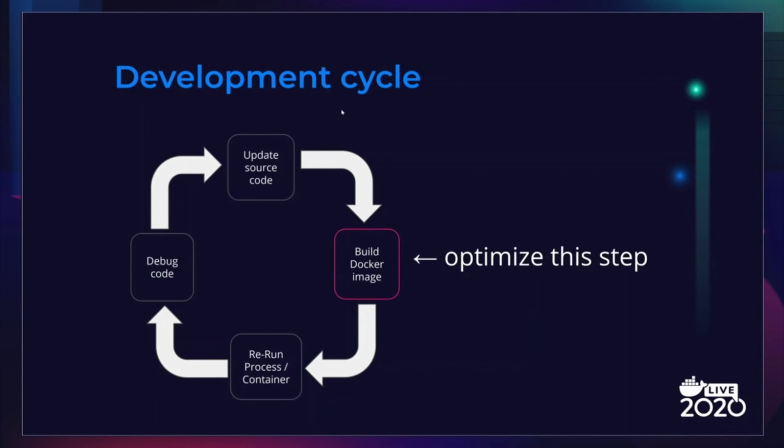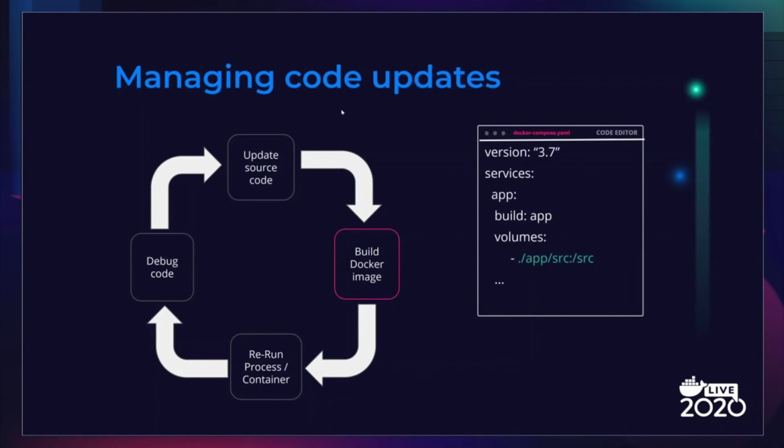Let's see how we can optimize the build phase for Python development, especially since it is interpreted and not compiled. We can analyze how to avoid this step during development. As the build phase corresponds to image build time, when we change the Python source code, the image needs to be rebuilt in order to get that change in the container when it is being launched.